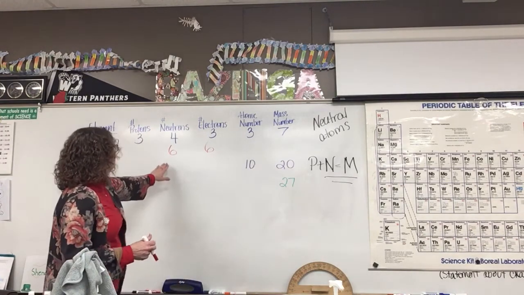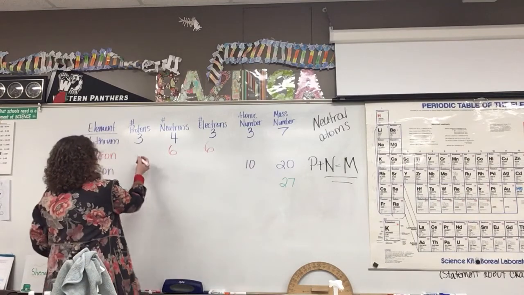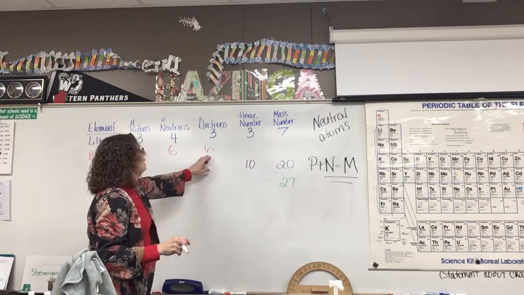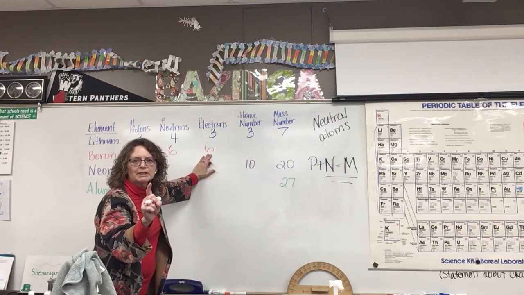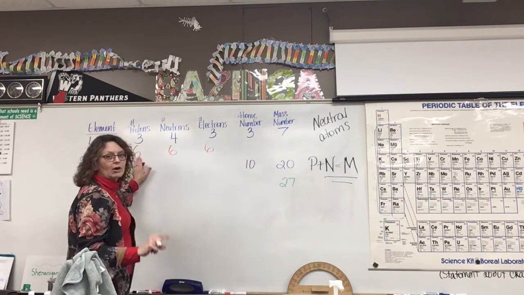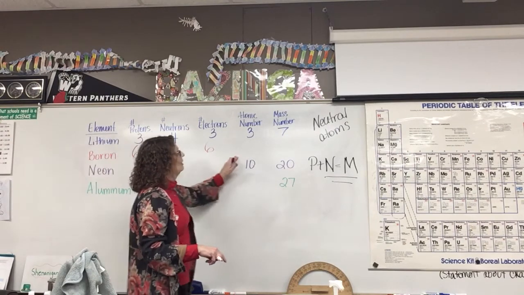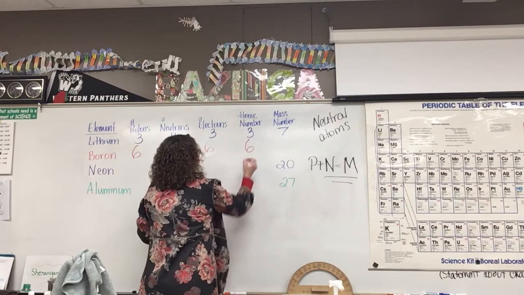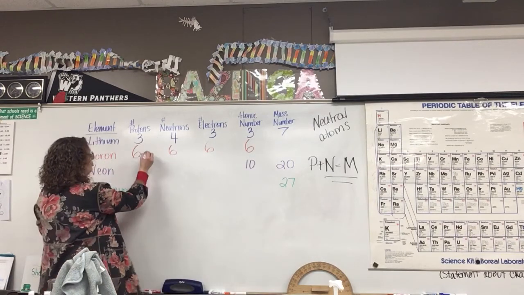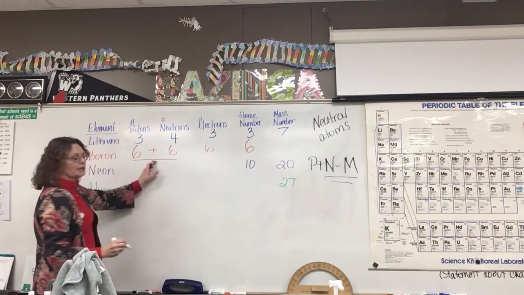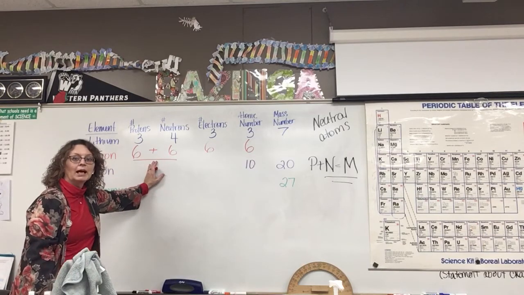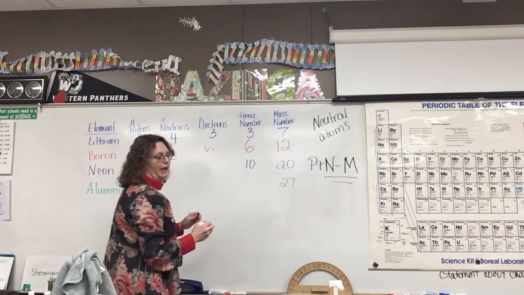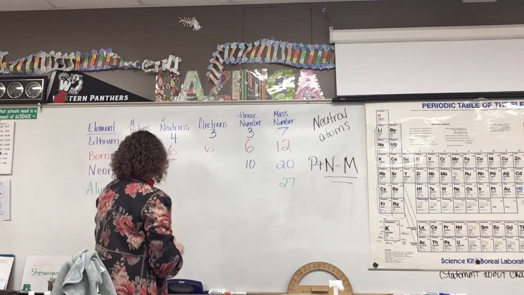So the electrons are 6, therefore the protons must also be 6. The atomic number must also be 6. If I add protons plus neutrons, I get 12. 6 plus 6 is 12. All day, every day.